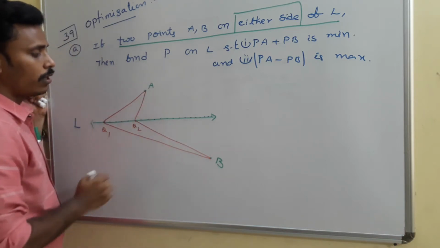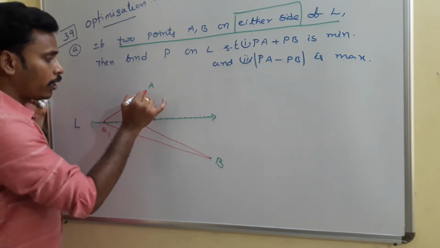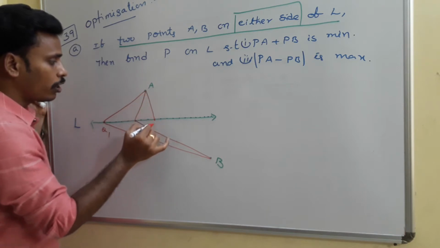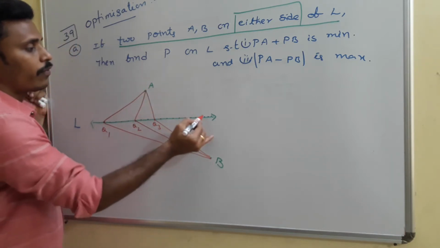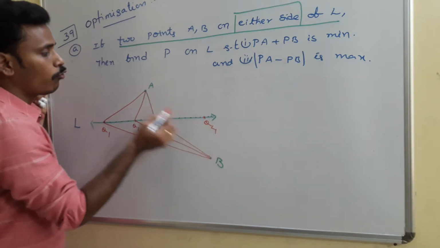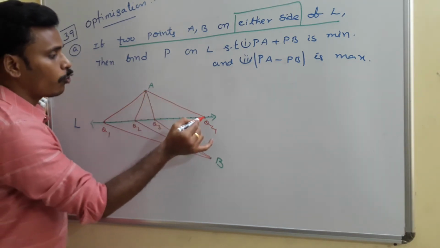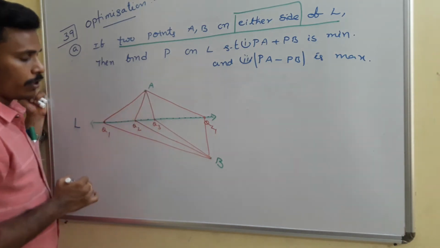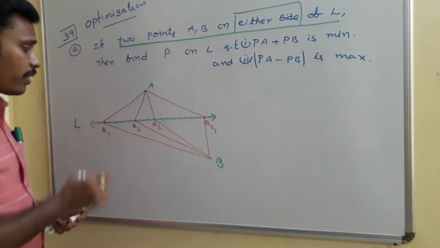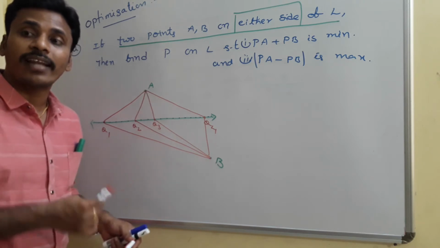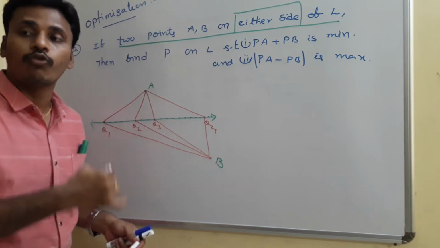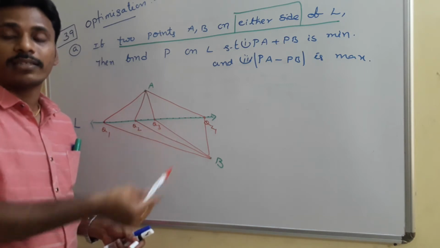Suppose here I have one more point, Q3, with Q3A and Q3B. And if I have another point Q4, you calculate Q4A and Q4B. Is it clear?